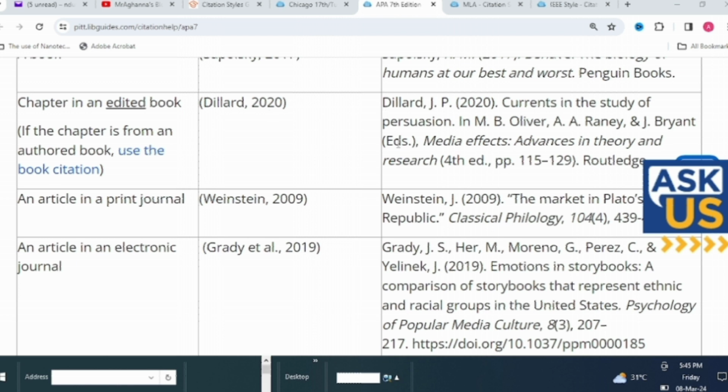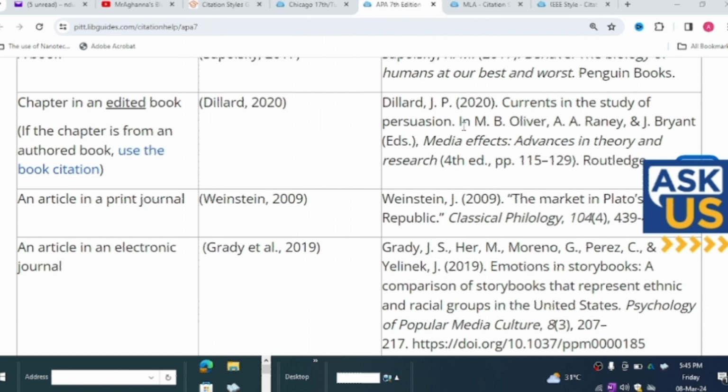Then under the bibliography, under your reference list, you will include these details about Dillard, and this is the title, that's the heading of that which he wrote. Then this was compiled by these authors.